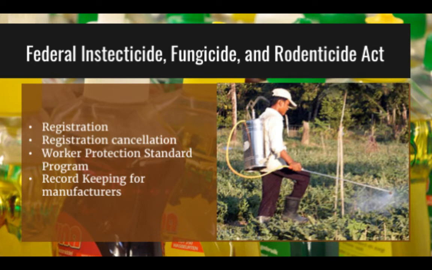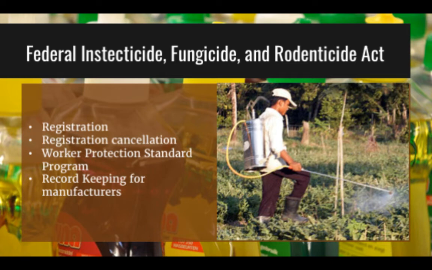Pesticides registered before November of 1984 must be reviewed and re-registered. If the EPA changes its registration, they have to publish their intent 45 days before doing so and allow a hearing.